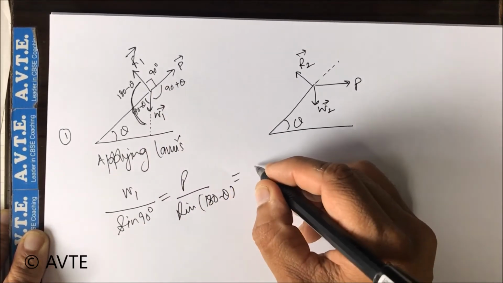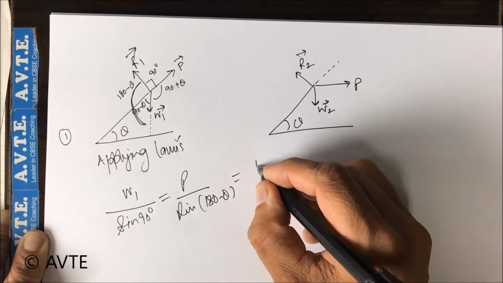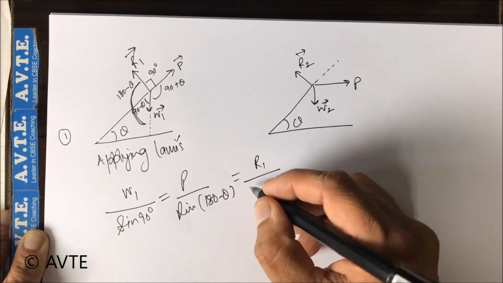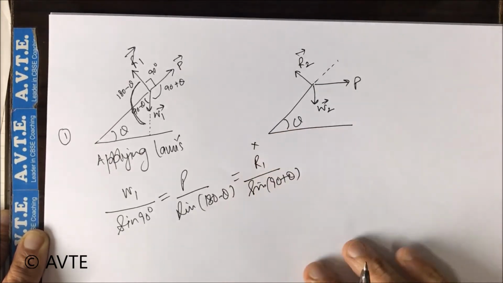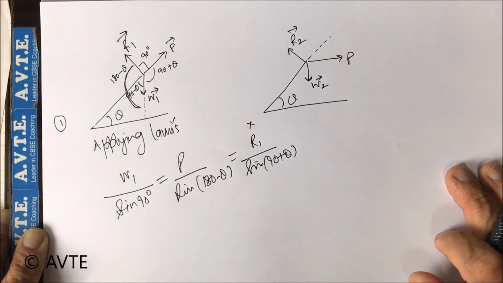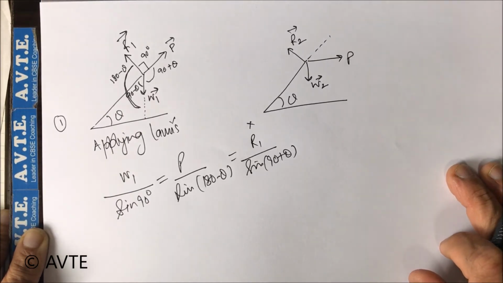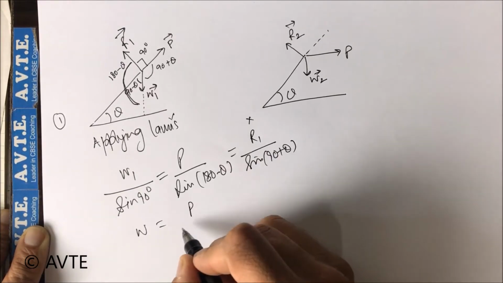And we can leave R1 because we are least concerned with R1. If you want, you can write R1 upon sine 90 plus theta, but we are not interested because the concept is only between W1 and P, and in the second diagram it is W2 and P.